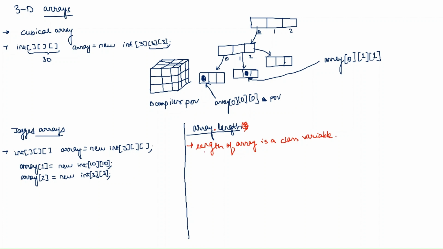So just remember that length of an array is a class variable, and length of a string is available at a programmer level via the length method. I'll also talk about this once we cover the string section. Okay. Length of an array is a class variable, and length of a string is found out by this length method.